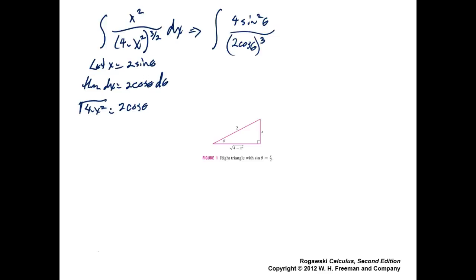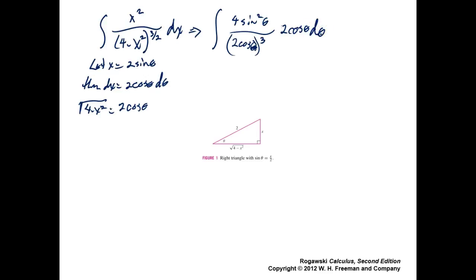Be careful how you say it, so that you get the concept right. And then the dx is what? It's 2 cosine theta d theta.